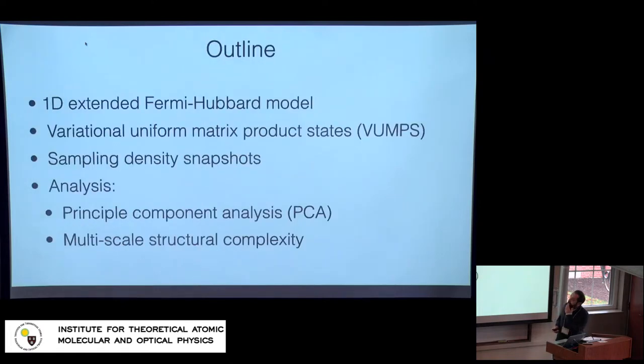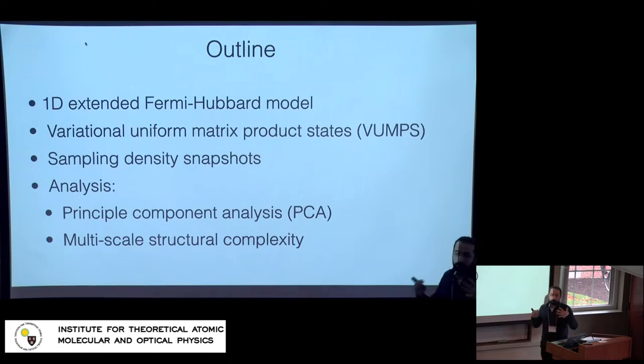So here is the outline. I'm going to talk about this extended Fermi-Hubbard model in 1D. And by extended, I don't mean t prime, I mean repulsive V, which is the nearest neighbor interaction. Then I'll briefly introduce the method that we use to simulate it.